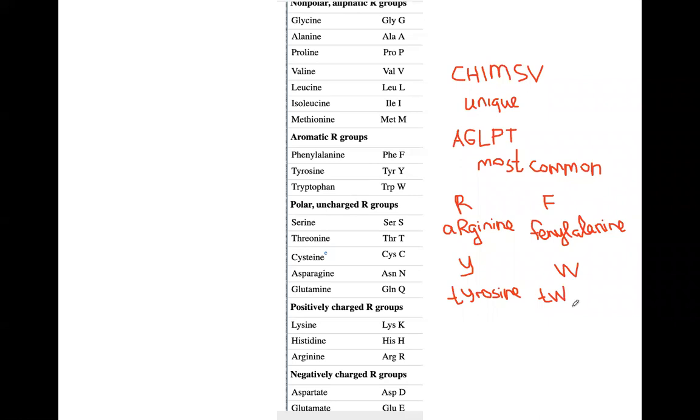He would say tryptophan. Maybe the person who couldn't pronounce the R, who could not roll his R, would say tryptophan, and he gave it the letter W.